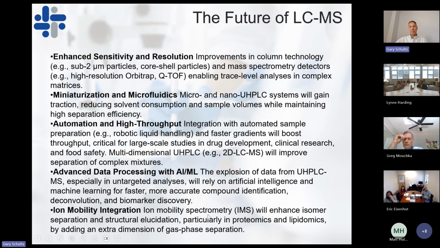This ion mobility has actually played a significant role in proteomics, able to separate singly, doubly and triply charged ions, which enhances the proteomic findings, and also plays a role in us being able to screen complex lipid samples.